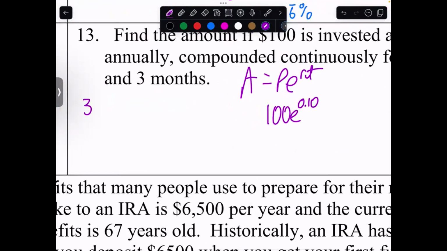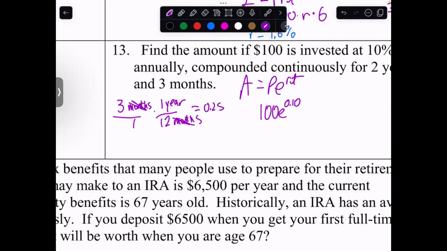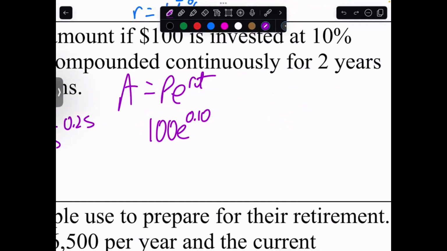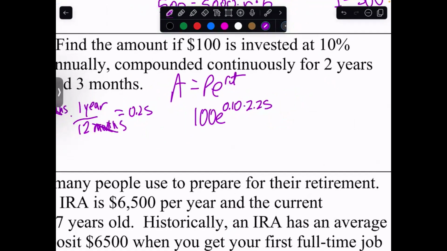So 3 months, we know that 1 year is 12 months. So if you were to convert 3 months to years, it'd be 3/12 of a year, which is 0.25 of a year. But don't forget you had 2 full years and 0.25 of another. So 2 years and 3 months is 2.25 years.